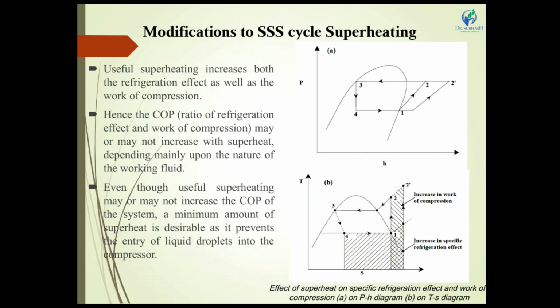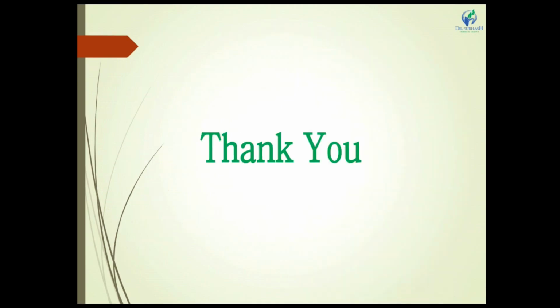We need not give any additional or extra work to the compressor in a subcooling process and superheating process. For the same compressor work, we can increase the subcooling process or superheating process at the evaporator. It increases the overall refrigeration effect and COP. Okay, thank you.